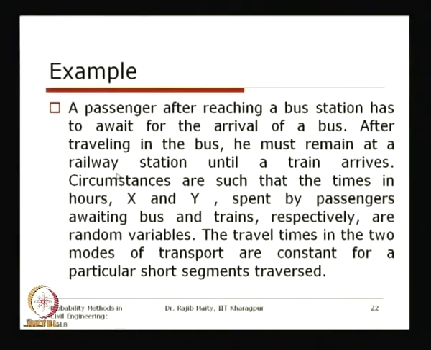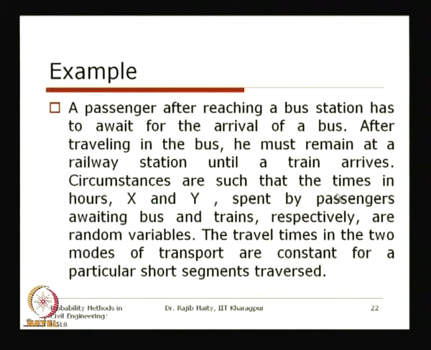One such example is taken here for the passenger waiting time. A passenger after reaching a bus station has to wait for the arrival of a bus. After traveling in the bus, he must remain at a railway station until a train arrives. So you can see there are two modes of transport: the first one is the bus, and the second one is the train.